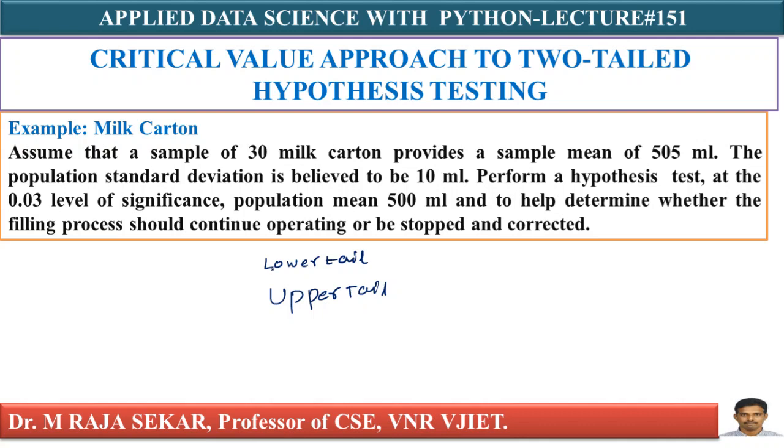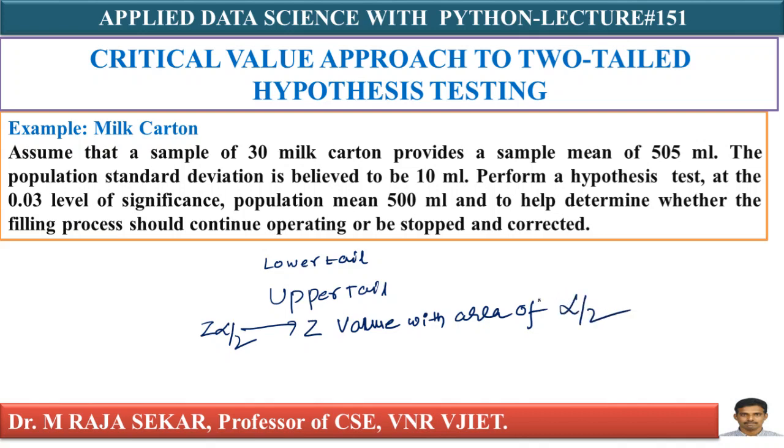Use the standard normal probability distribution table to find Z alpha by 2, the Z value with the area of alpha by 2, isn't it?